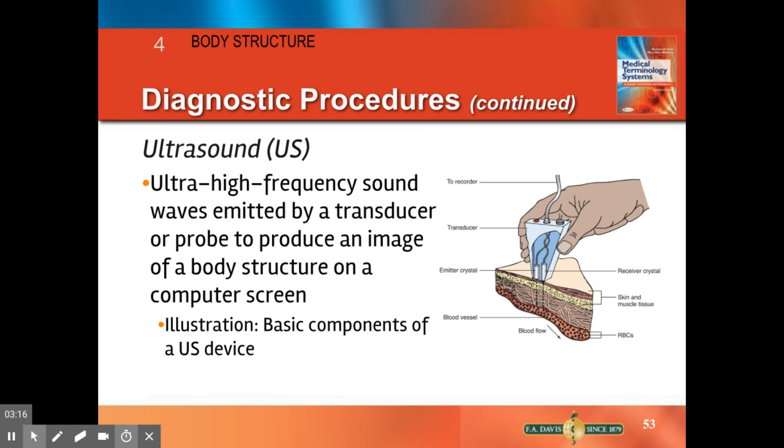Ultrasound, that's where we pass high frequency sound waves through a transducer or a probe that produces an image of the body structures on a computer screen. So, we have the ultrasound device, and there are multiple different types of transducers. Some are used for external, some are internal use.